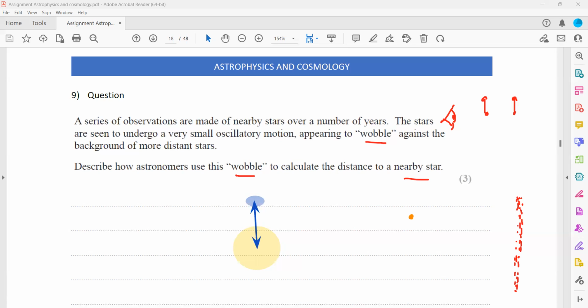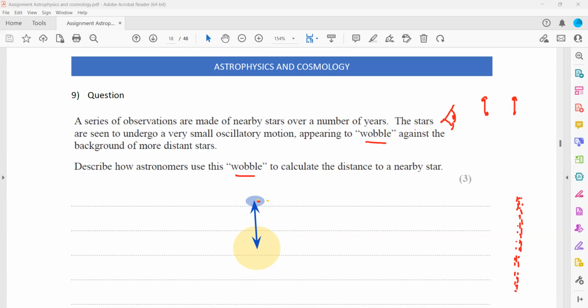This astronomical unit is known, and we observe this star for a duration of 6 months. Earth is here, after 6 months it is elsewhere, this distance is known, and we are observing the star. Say the star is somewhere here.